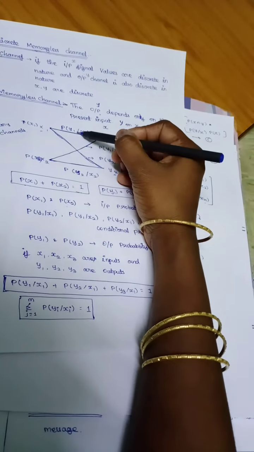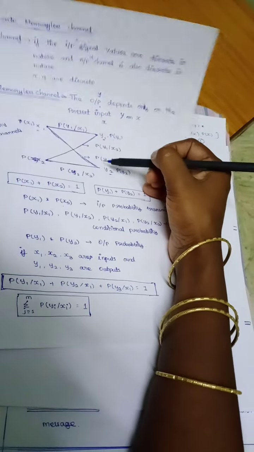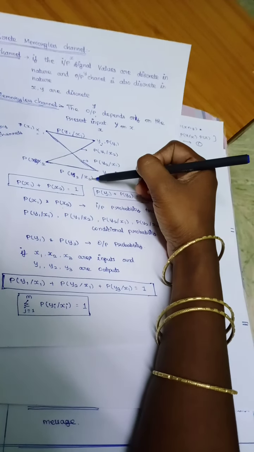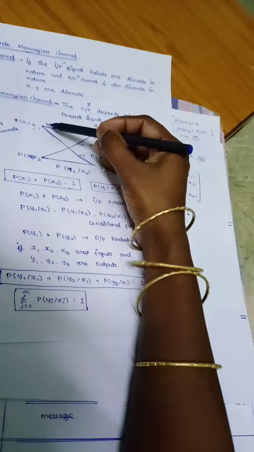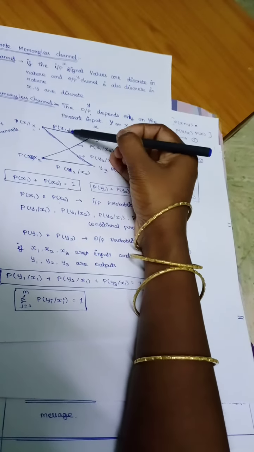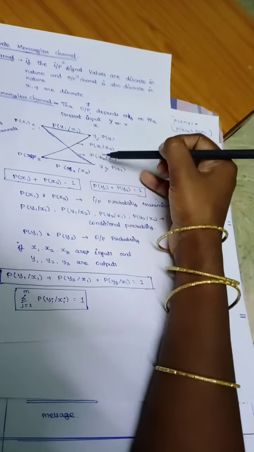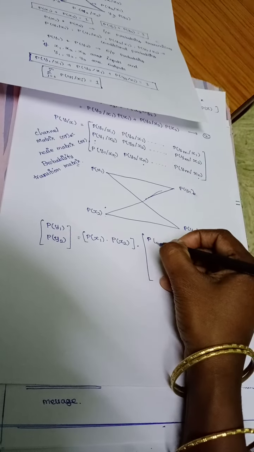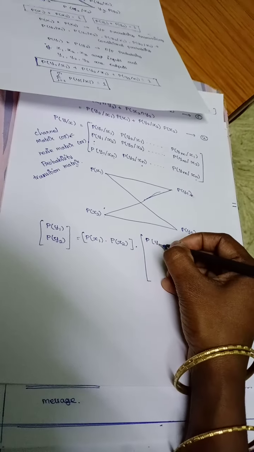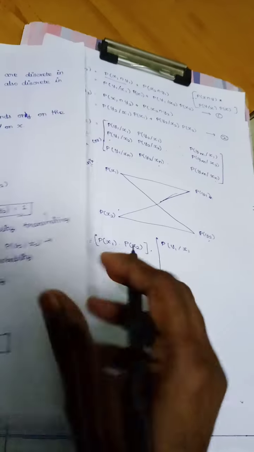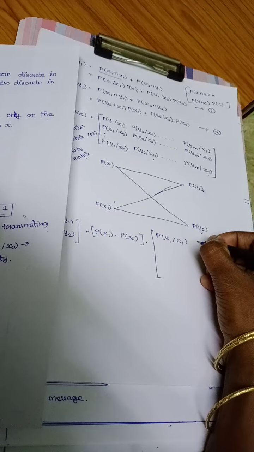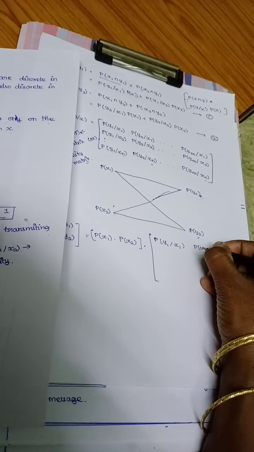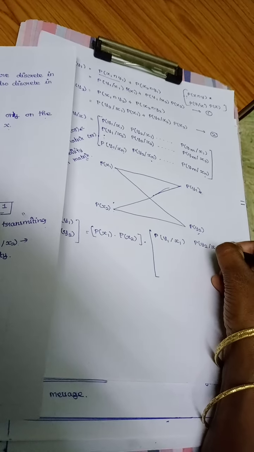Now P of y1 x1, P of y2 x2. For x1, P of y1 divided by x1 and P of y2 divided by x1.